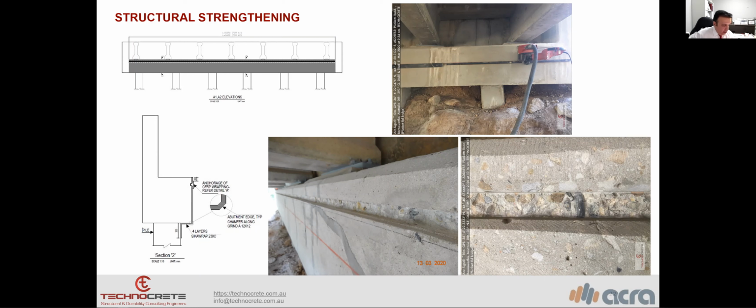And you see that our results show that we have to use 4 layers of the CFRP wrap with 230 gram per square meter. Then the photo shows the anchorage. You can see the routing out of the concrete for the anchorage.